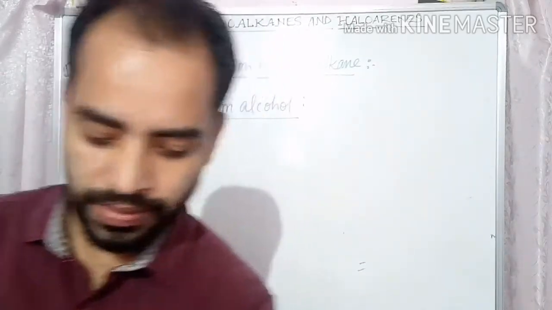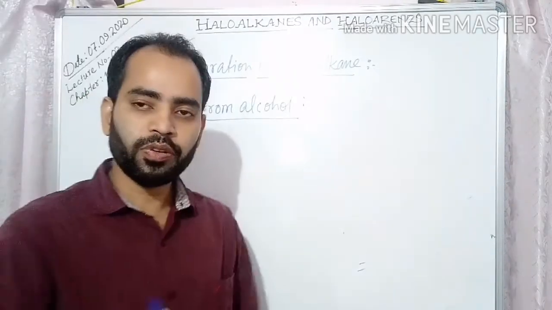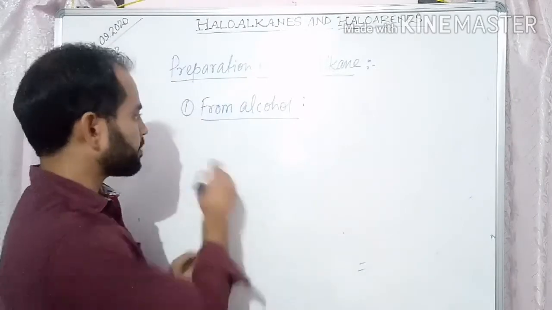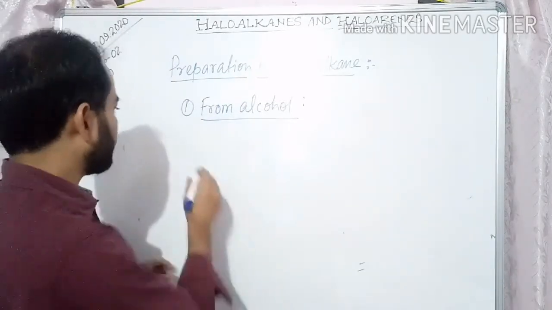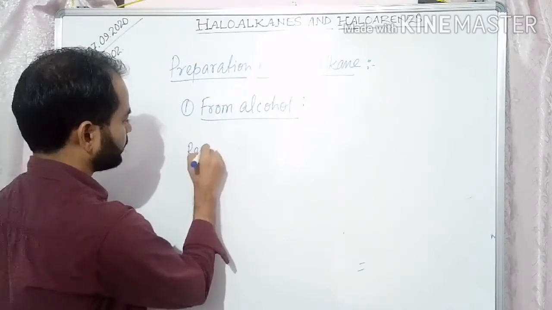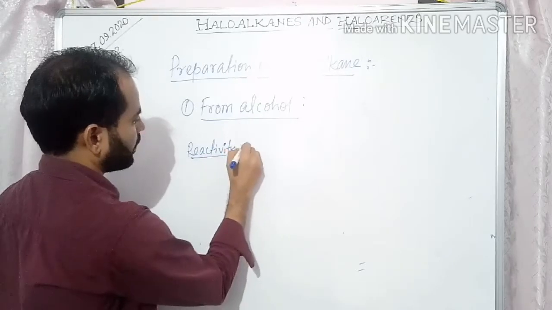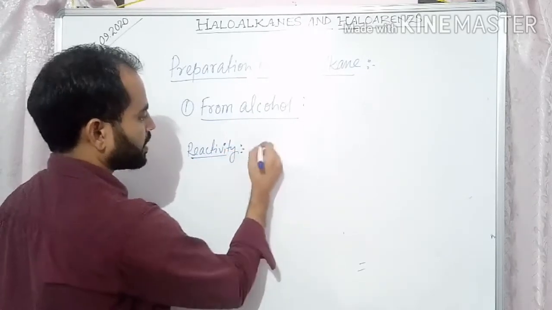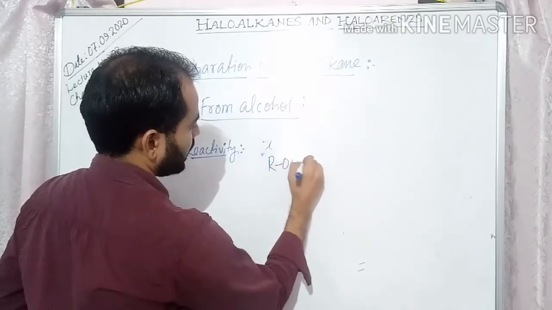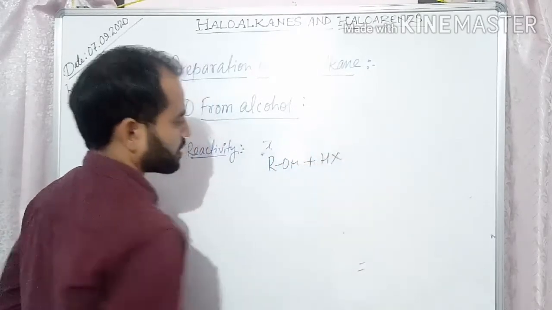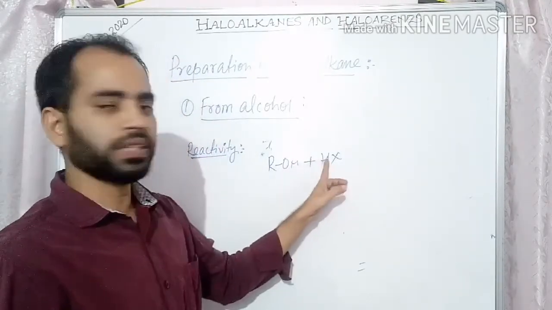Next topic is, okay, before going to the next method, one more thing we have to consider, that is reactivity of alcohols. Suppose in the first case we have taken alcohol plus HX, halogen acid. Reaction of alcohol with halogen acid.